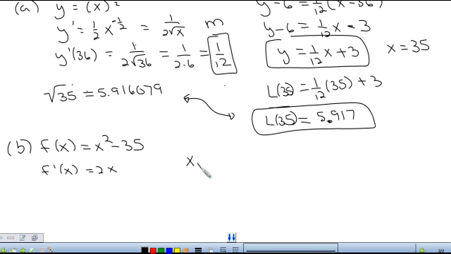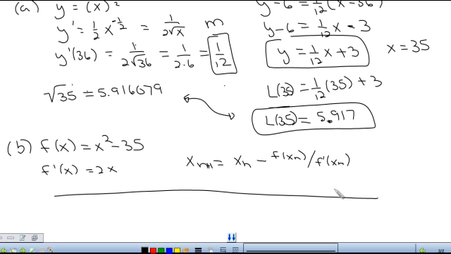Newton's method says that the next iteration is x sub n minus f of x sub n over the derivative. And we only need to do two of these. So let's write x sub n, f of x sub n, f prime of x sub n, and then the next guess.